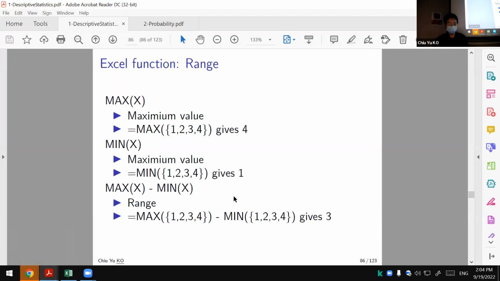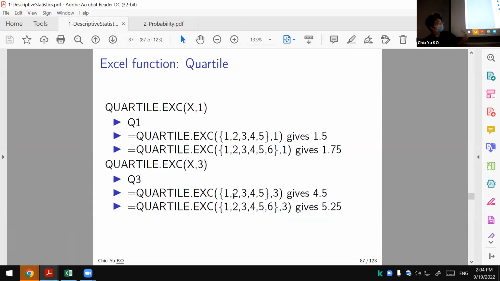There's a formula here, what we call QUARTILE.EXC. Q1 will be 1, Q3 will be 3. You can imagine median, which is Q2, which is 2. And as I mentioned in class, Q0 is the minimum, Q4 will be the maximum. But for our purposes, we just need Q1 and Q3, right? So let's see how we do it.